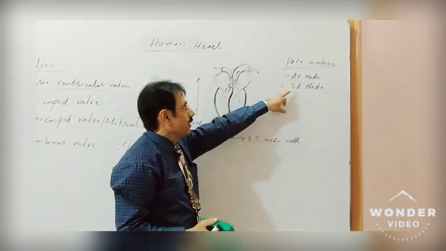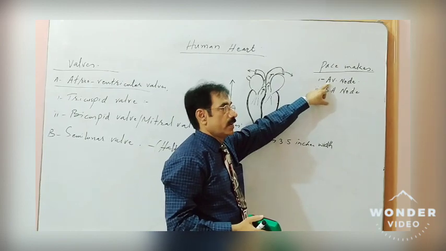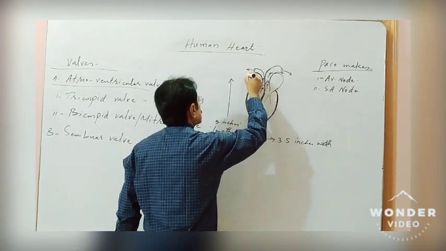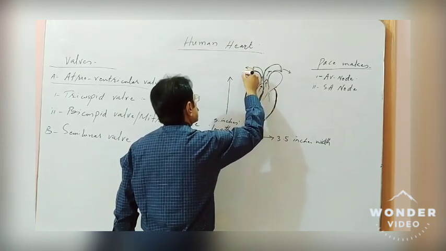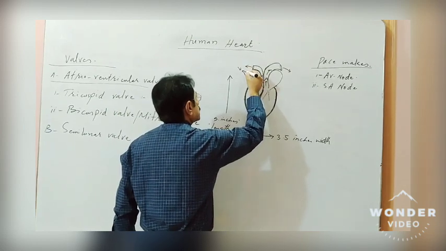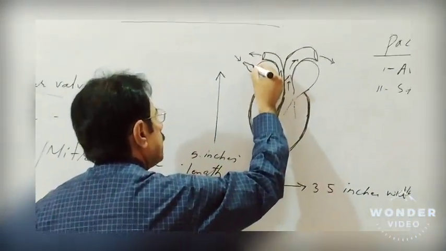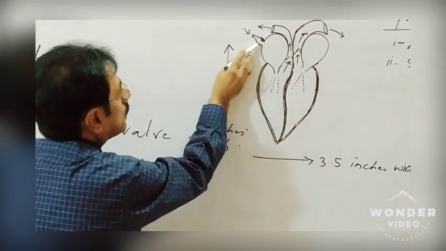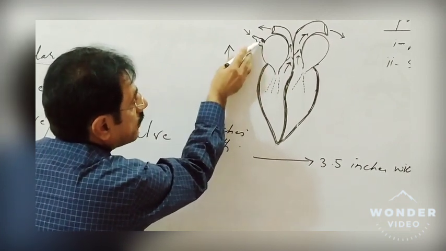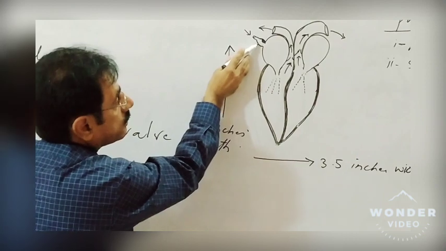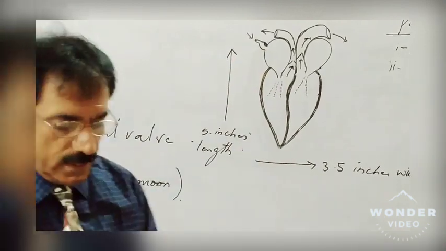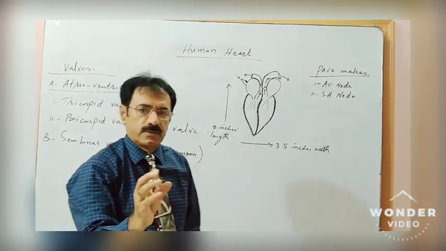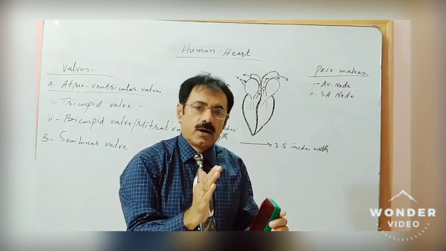SA stands for sinoatrial and AV for atrioventricular. The SA node is so called because one pacemaker lies in between the sinus and the atrium. What is a sinus, dear students? A sinus is a dilated region of a vein.